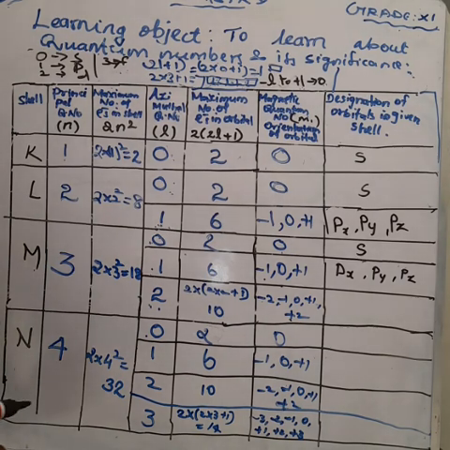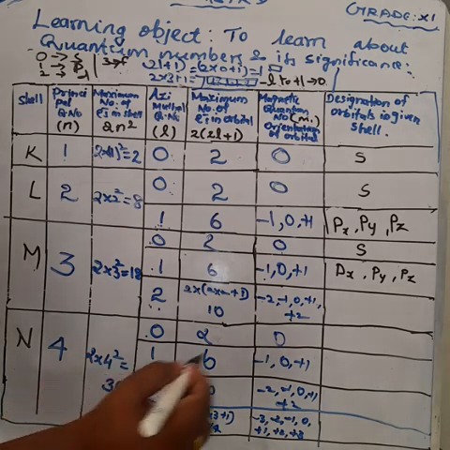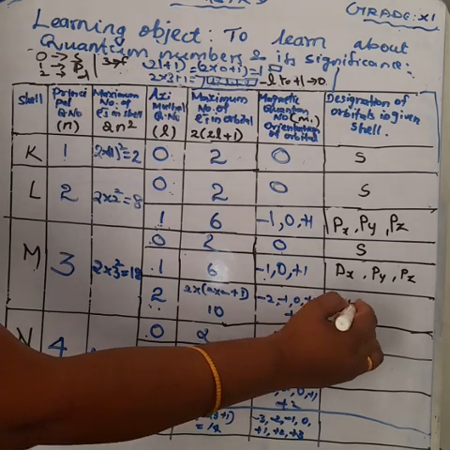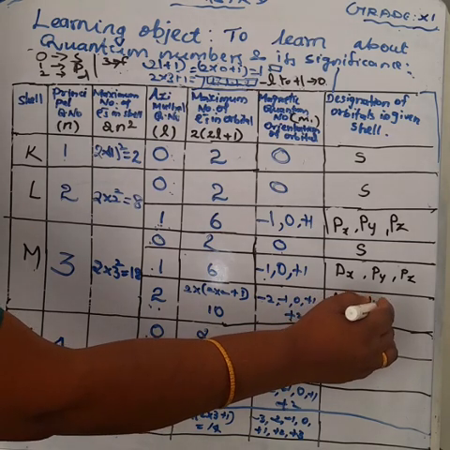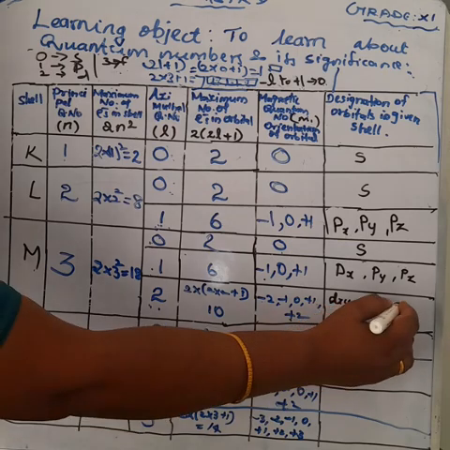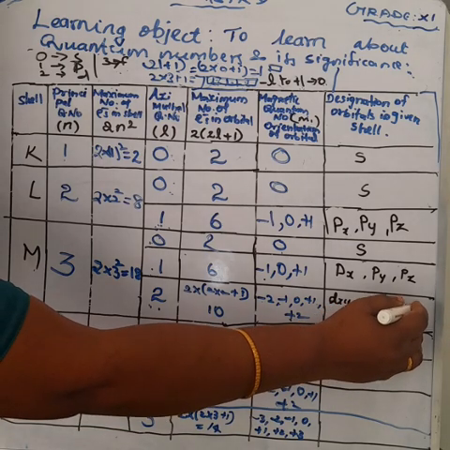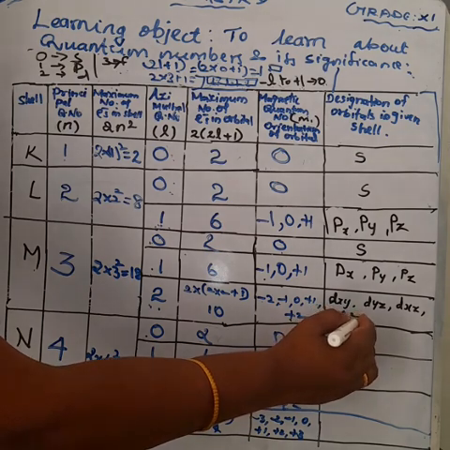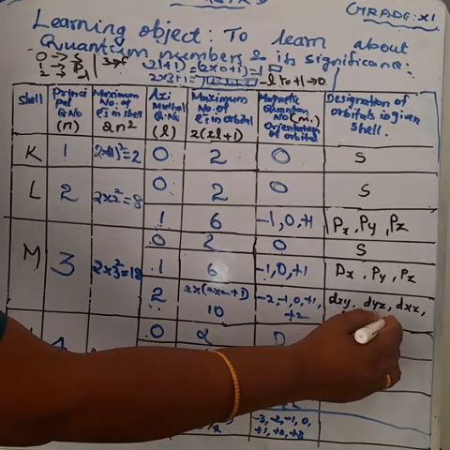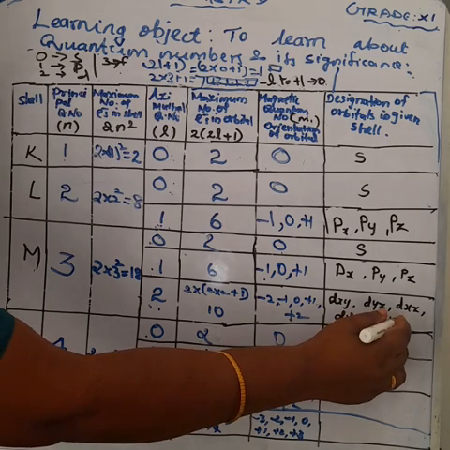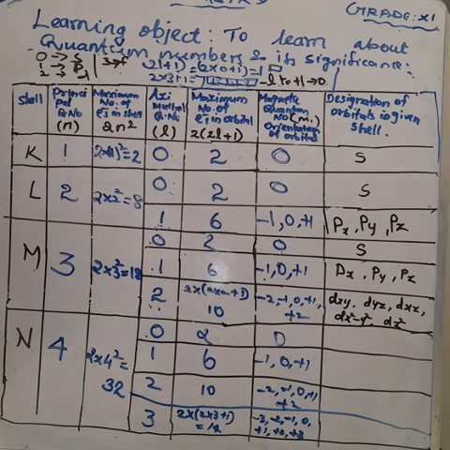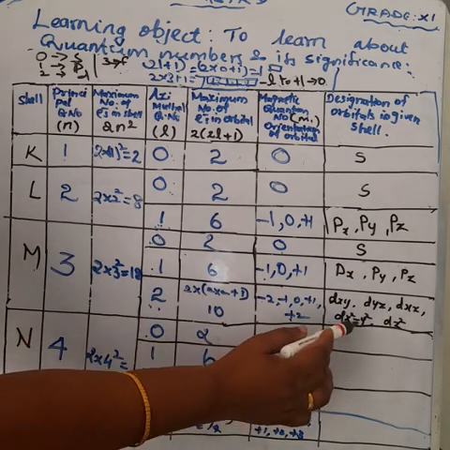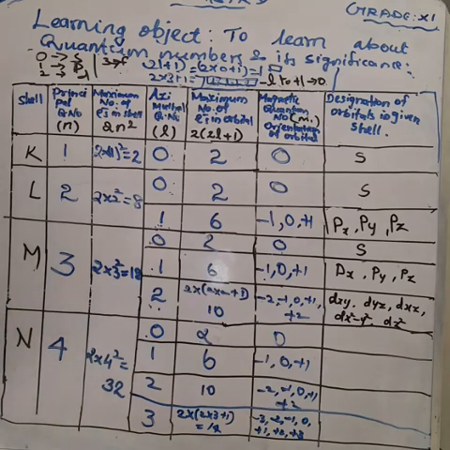D orbital: dxy, dyz, dxz, dx square minus y square, and dz square. These are the orientations of the d orbital.